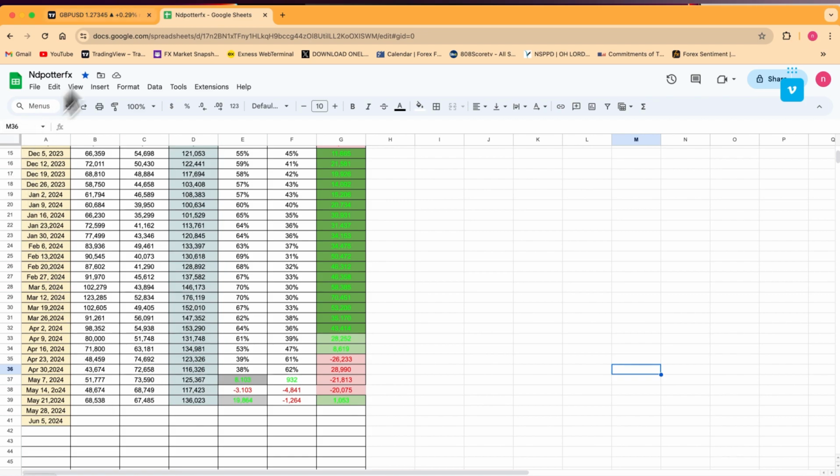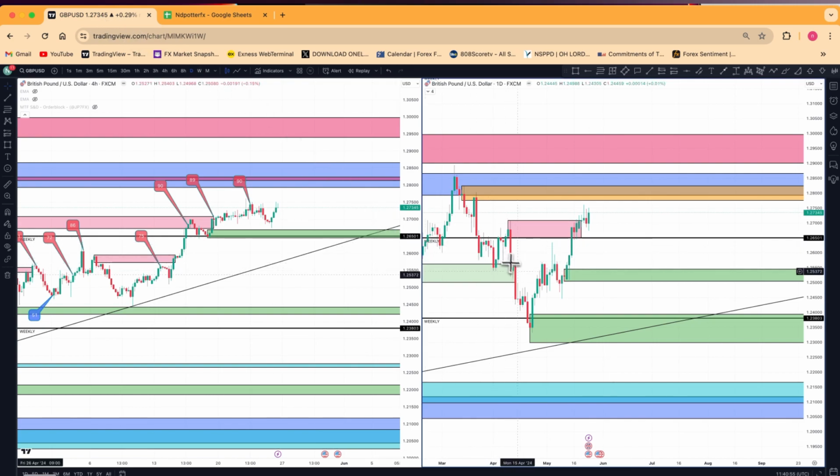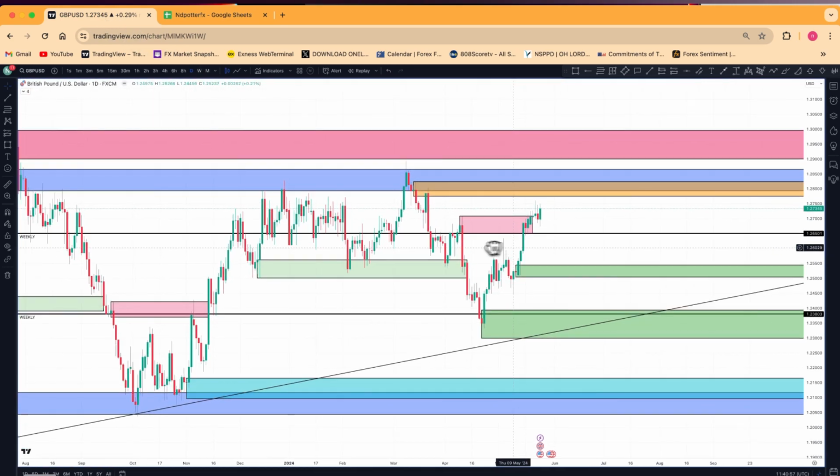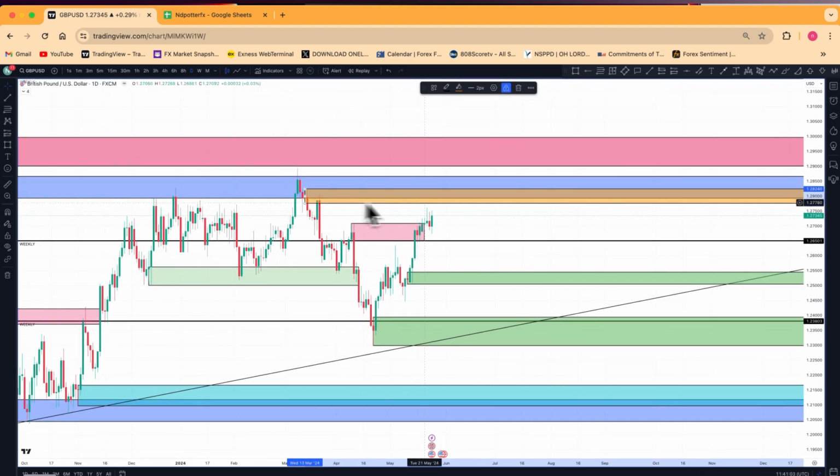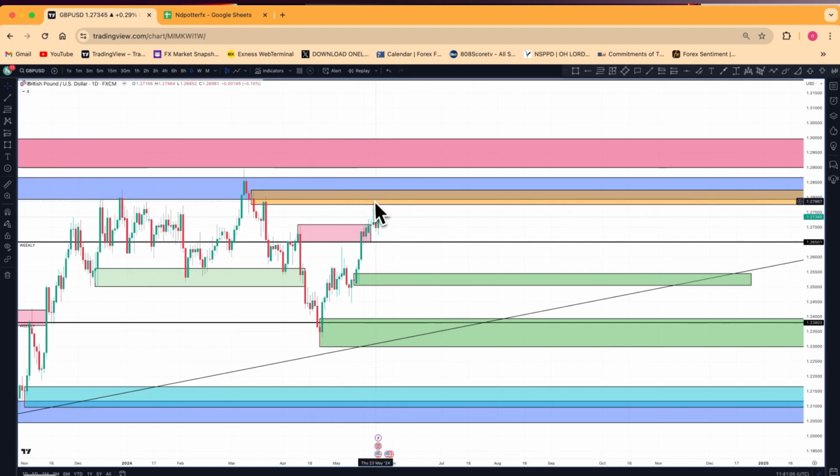If you go to GBPUSD now, we see that GBPUSD is currently contacting a supply zone around this area now, and I'm seeing that the banks are adding to their longs.